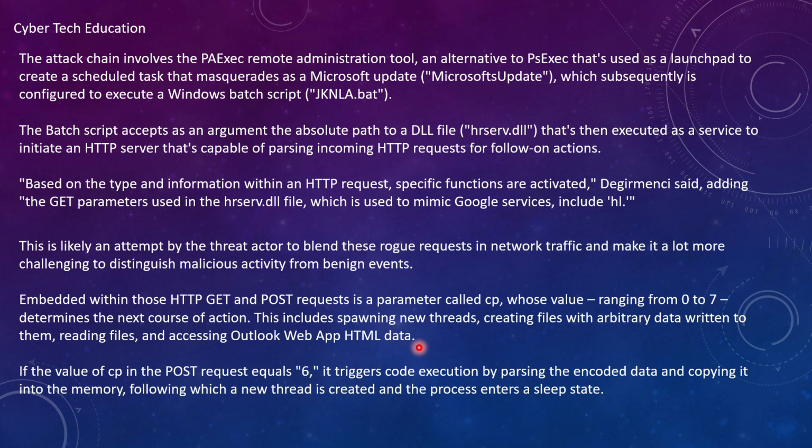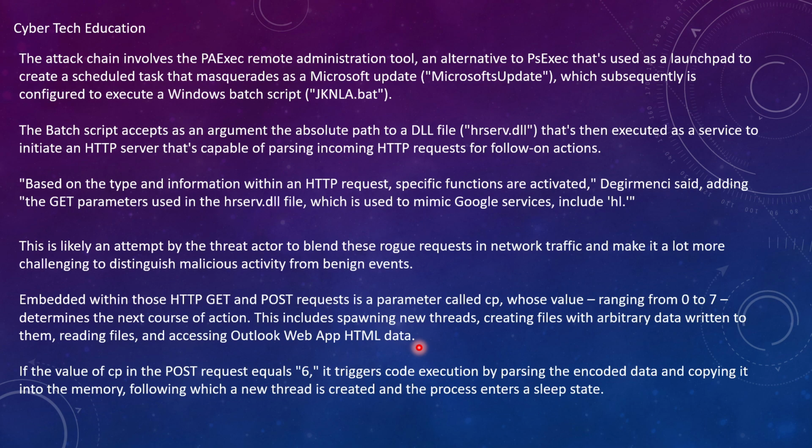According to Kaspersky, the GET parameter is used in the HrServ.dll file to mimic Google services, including hl. This is likely an attempt by the threat actor to blend these rogue requests into the network traffic and make it more challenging to distinguish malicious activity from benign events.